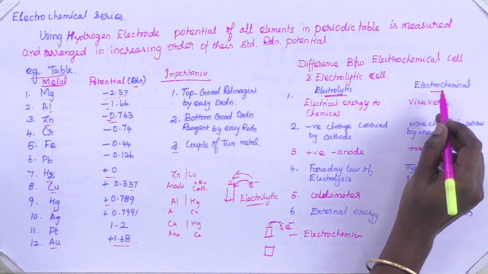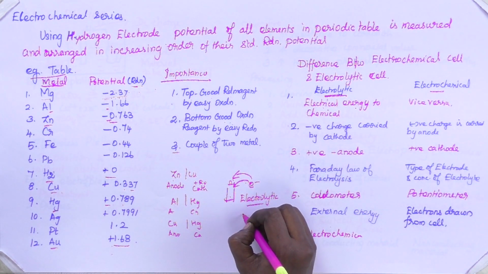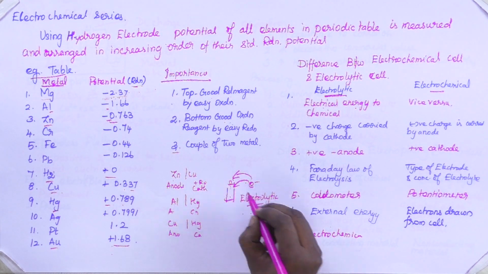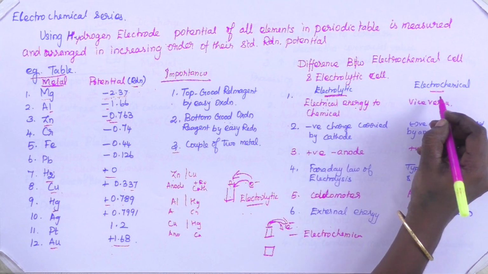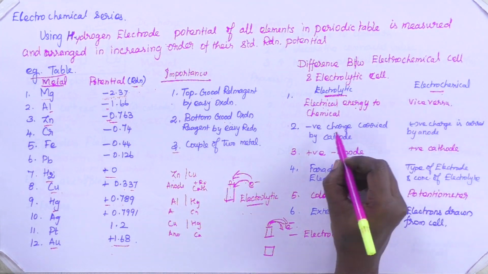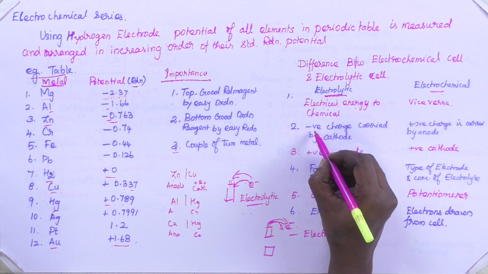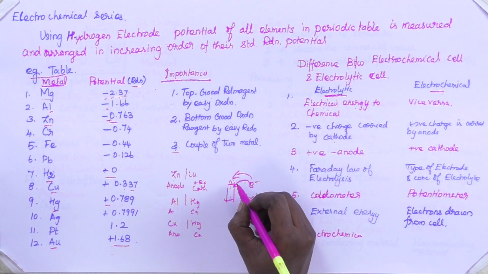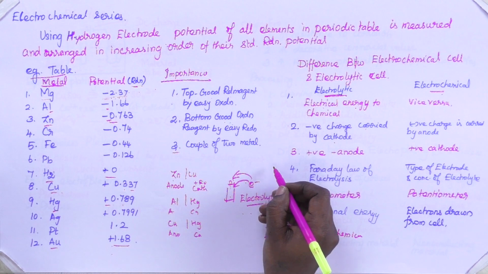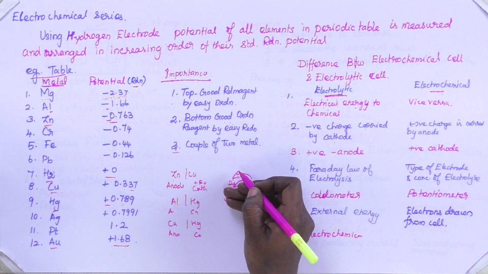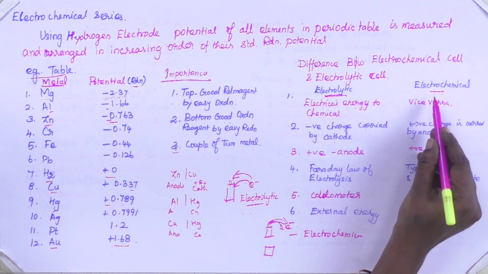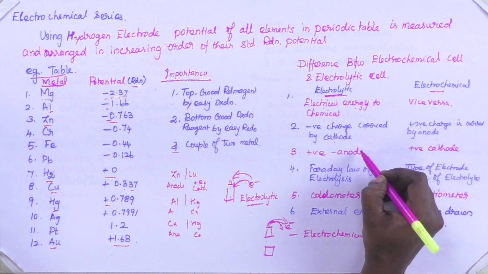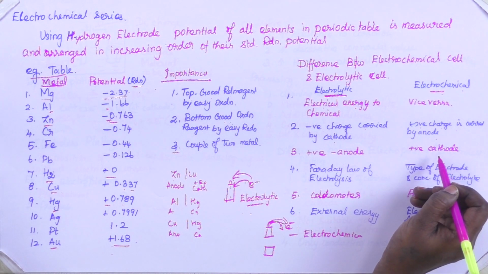An electrochemical cell means that by a chemical reaction we get electrons, and the electrons flow from the battery to the external circuit. In the electrolytic cell the negative charge is carried by the cathode, because the source from outside is passed into the battery. In the electrochemical cell the negative charge is carried by the anode. It is the same thing for the cathode, and here vice versa.